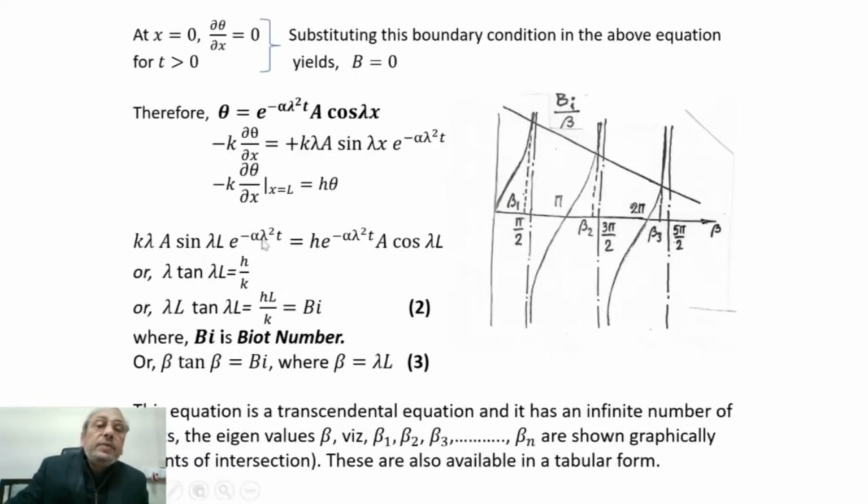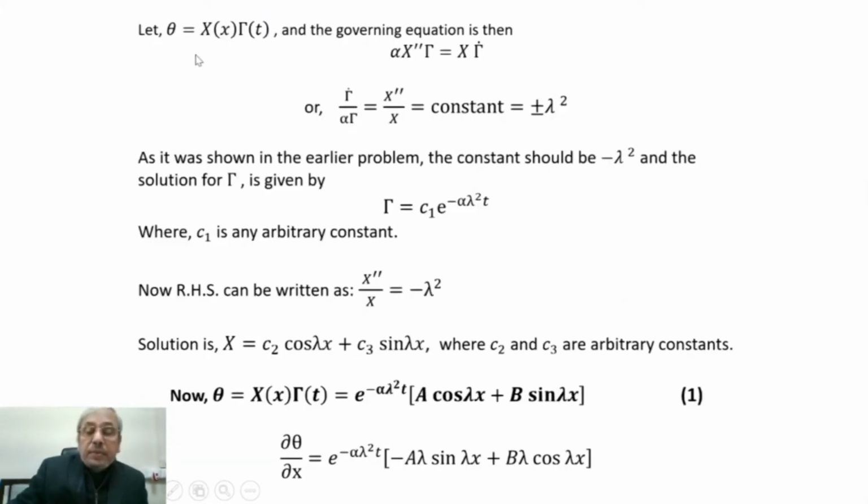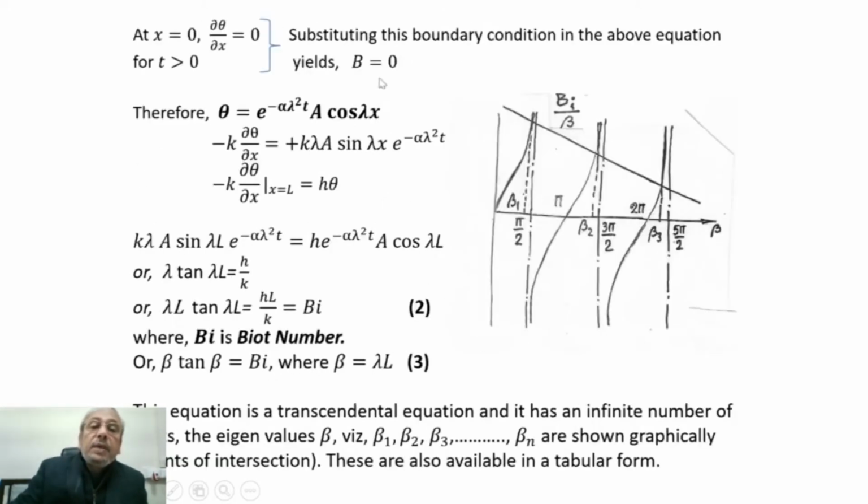We substitute the boundary condition, that is, at x equal to 0, del theta del x equals 0 for t greater than 0. If we substitute that, the time part is not affected, and x equal to 0, del theta del x equal to 0 gives us the obvious choice b equal to 0.